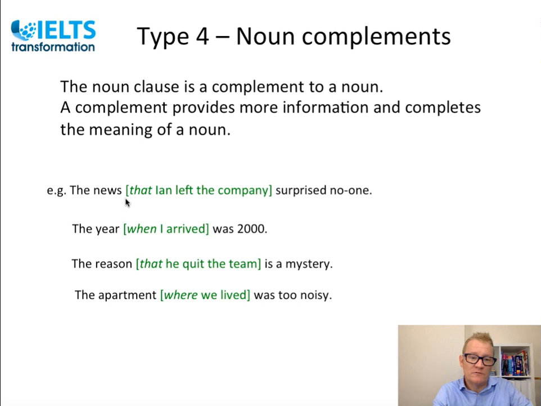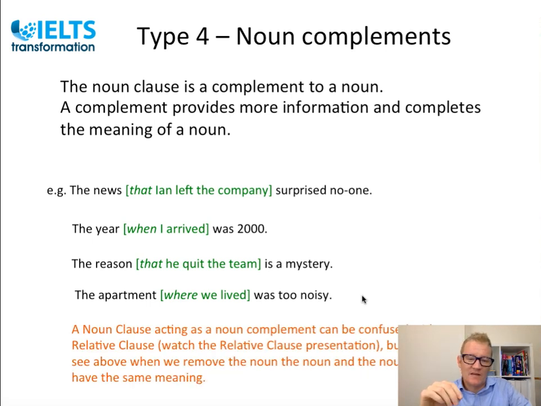So equals. The year and when I arrived is the same. The reason and that he quit the team is the same. The apartment and where I live is the same. So complements are just giving more information. They are complementing, which is different to complement with an I. Complement with an E is different.